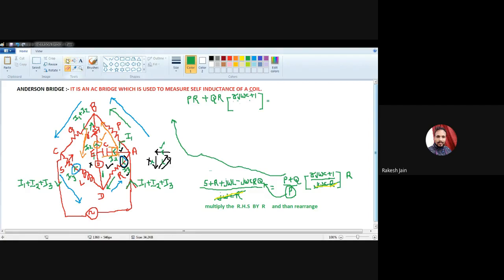Now what will happen? This P will be multiplied by S, so this is SP. Now this R multiplied by P, that is RP.